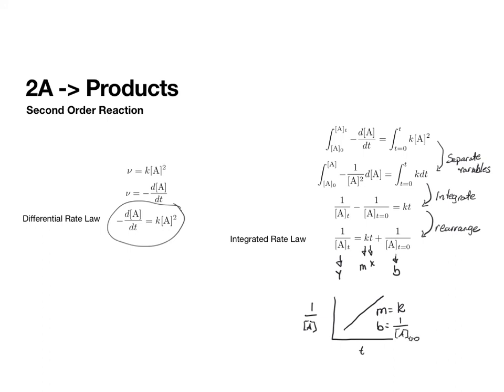What's key to remember here is that this process is the same no matter what order of the reaction you're working with. We can find an integrated rate law for something that isn't an elementary reaction order. Remember at the beginning of this, I said that most reactions are combinations.